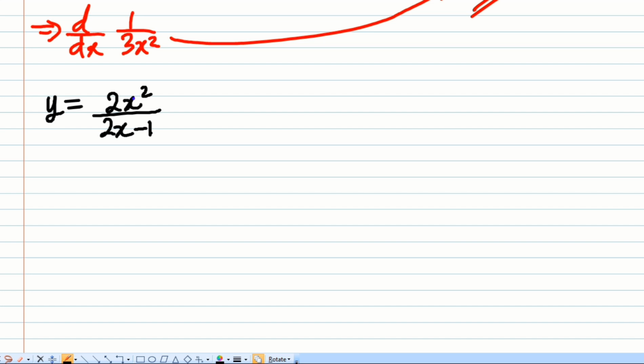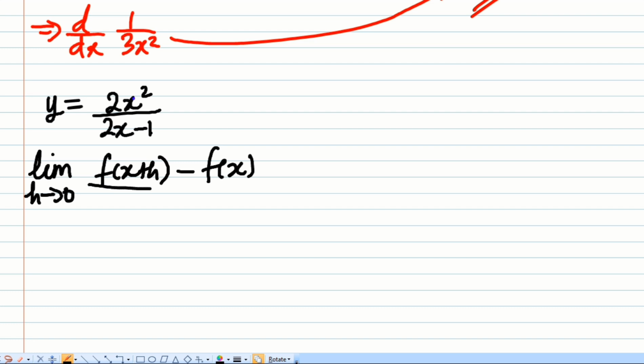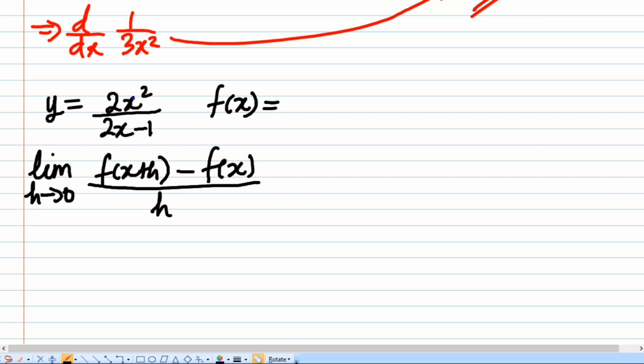Remember, we're still using the first principle, so we'll go over the whole thing again. The limit as h tends to 0, f of x plus h minus f of x all over h. Good. Again, rewrite this in function notation. Our f of x is 2x squared over 2x minus 1.